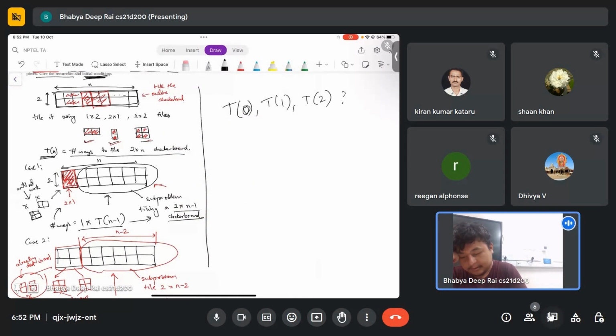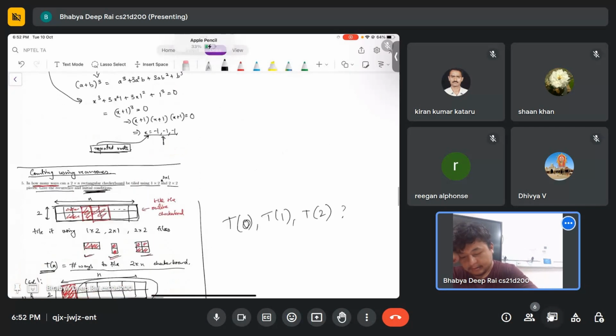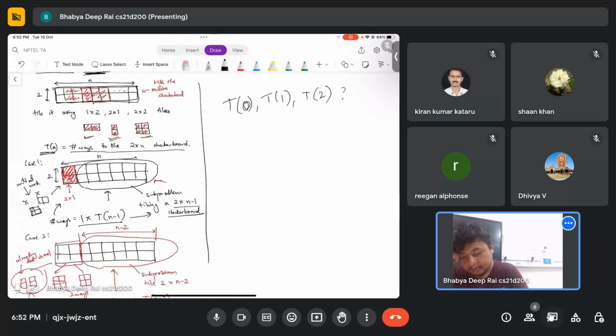Okay, well, T0 tells me the number of ways to tile a 2 cross 0 checkerboard. And what does a 2 cross 0 checkerboard look like?